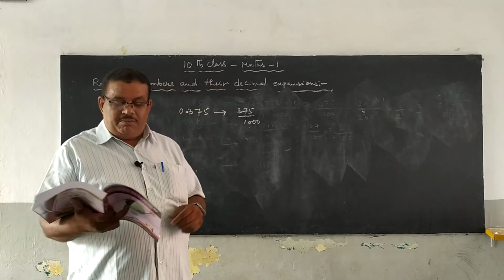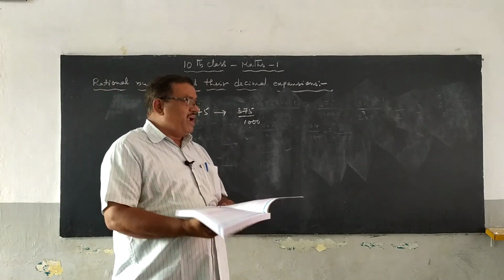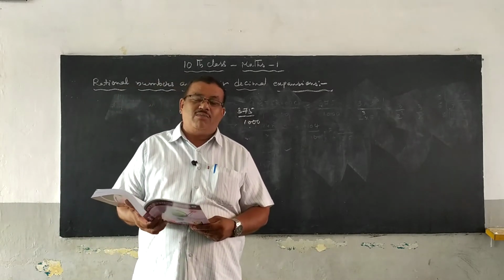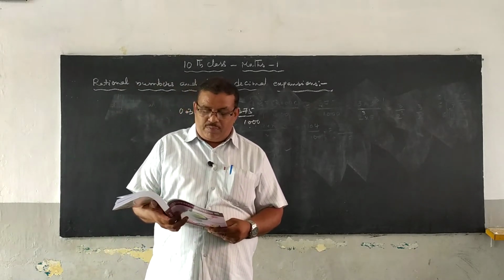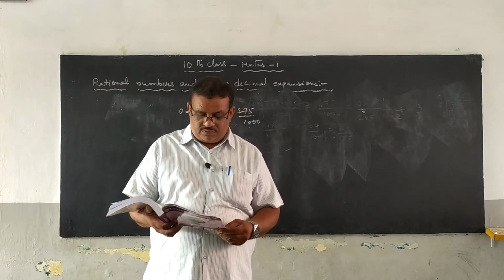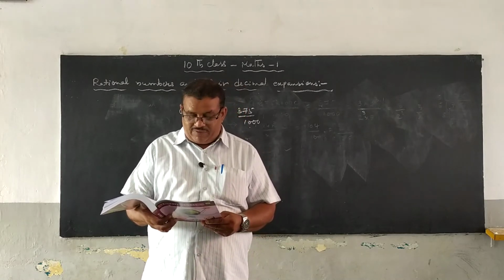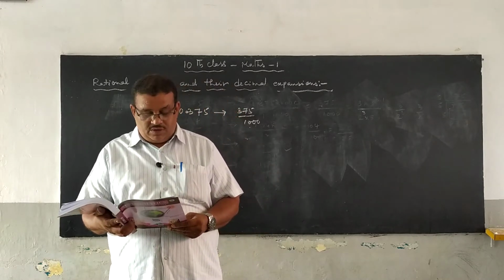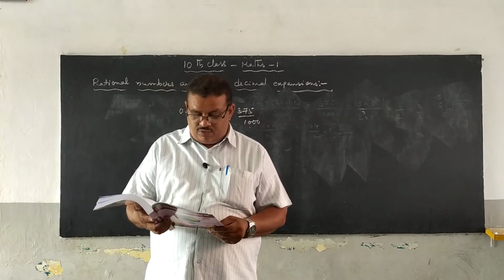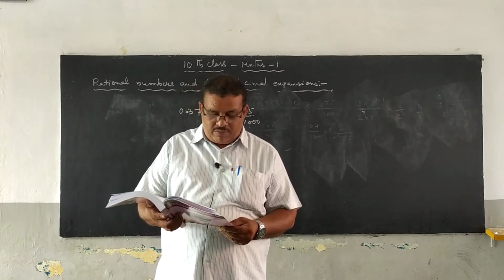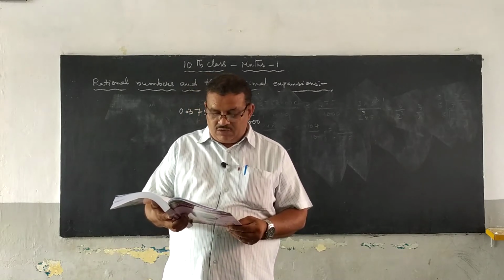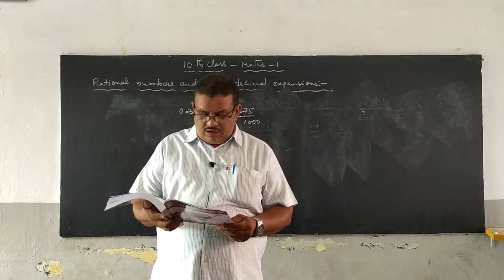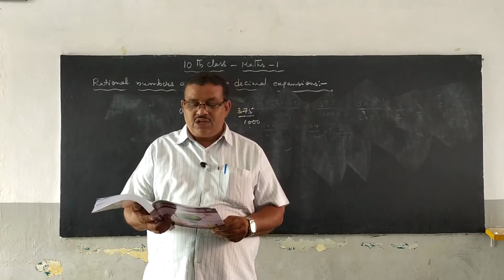For that, some examples are given on page number 10. You have to see them at home. Four examples are given for you: 25 by 2, 3 by 8, 26 by 25 and 7 by 80.